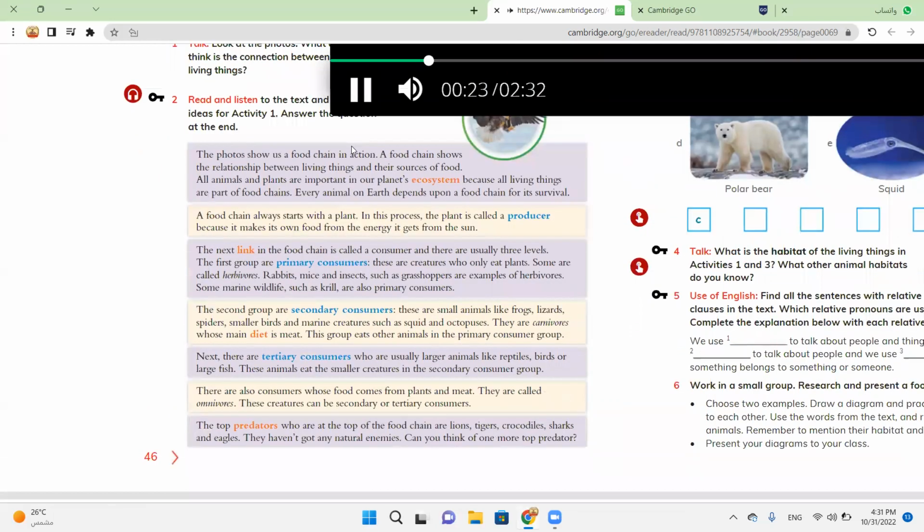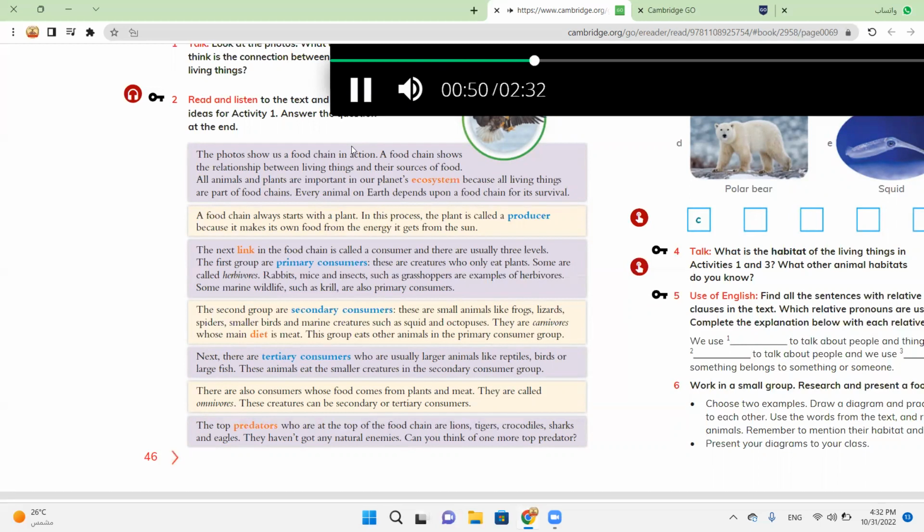Every animal on Earth depends upon a food chain for its survival. A food chain always starts with a plant. In this process, the plant is called a producer because it makes its own food from the energy it gets from the sun. The next link in the food chain is called a consumer, and there are usually 3 levels.